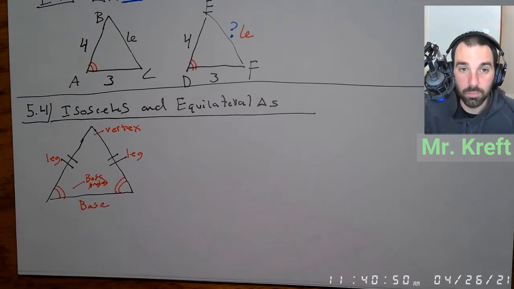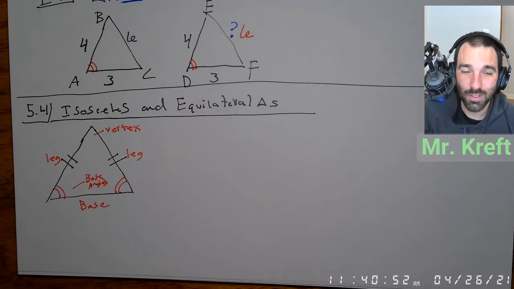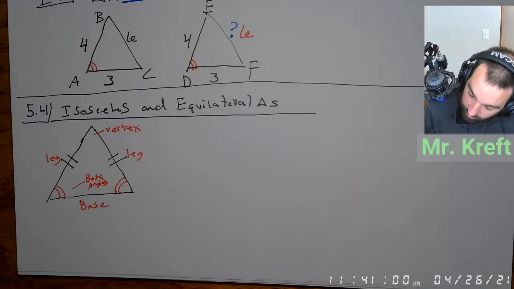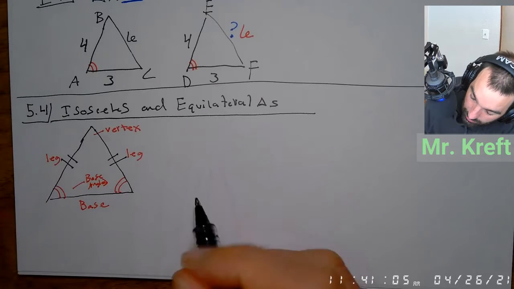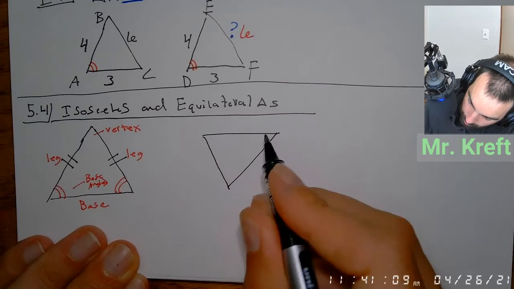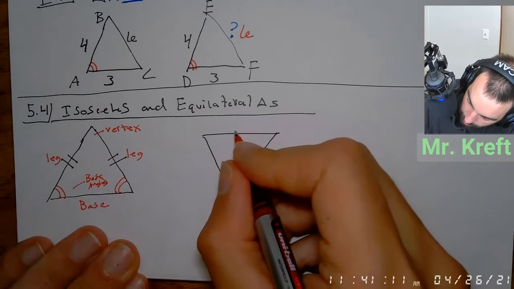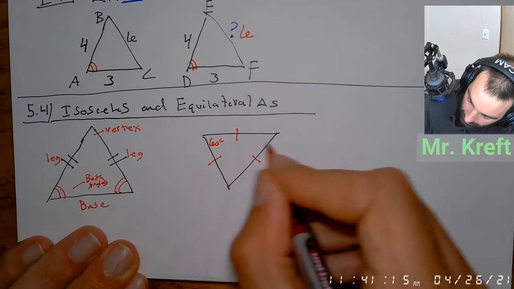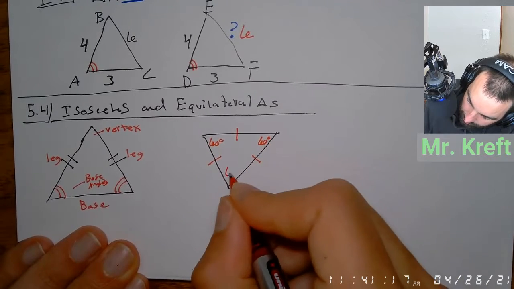And I know I'm going a little fast, but I am trying to get through a whole half of a trimester in one go. So just remember, this is going to be up on YouTube. Okay. And then an equilateral triangle. What made an equilateral triangle an equilateral triangle is that all of the sides are the same and all of the angles are the same, and they're all 60.